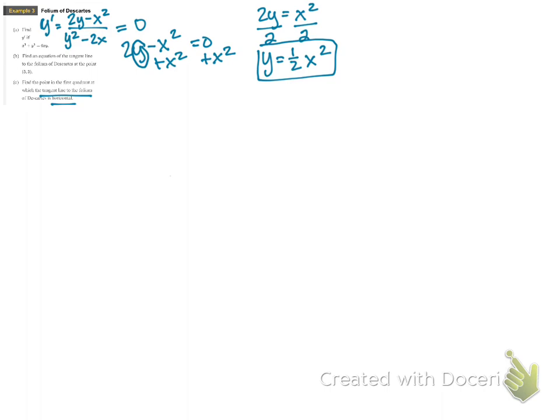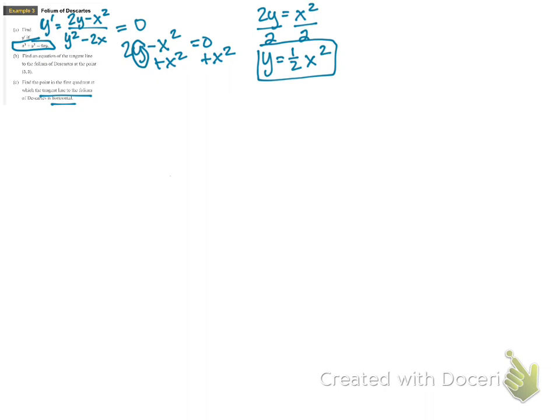So we need to take that information, that y equals half x squared, and we need to go back into our original function here, x cubed plus y cubed equals 6xy, and we need to find out what does that mean for x? What is the x value when the tangent is horizontal? Everybody okay with that? Okay.